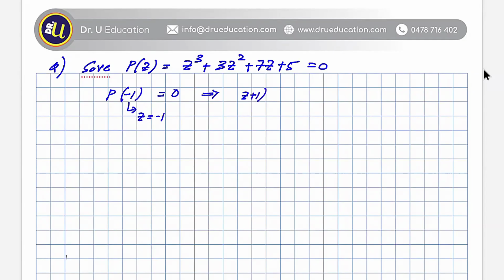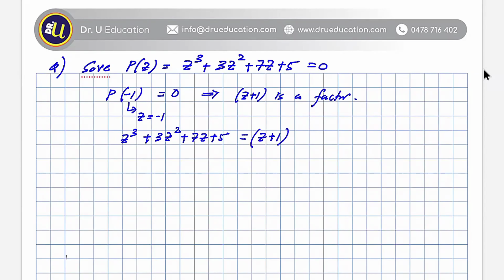So z plus 1 is a factor. z plus 1 is a factor, right? So once you find that one, the first factor is z plus 1, right? First factor is z plus 1.